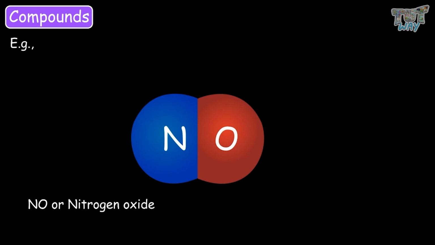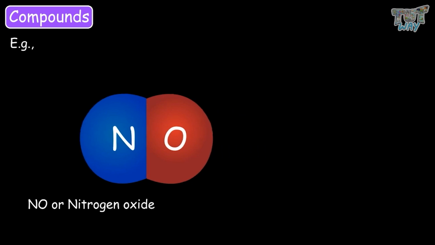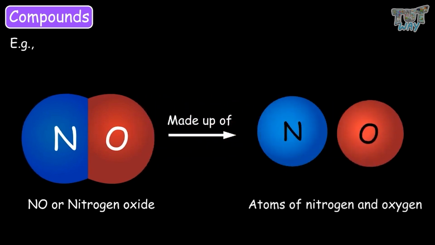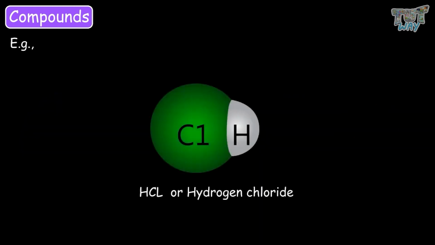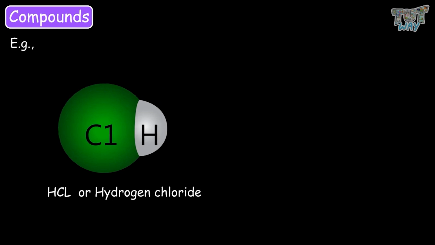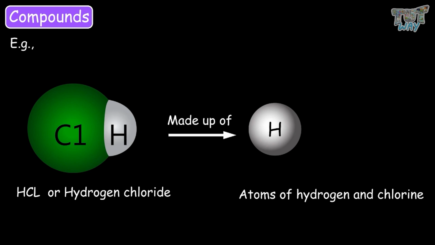It has 2 types of atoms, atoms of nitrogen and atoms of oxygen. Each molecule of nitrogen oxide has 1 atom of nitrogen and 1 atom of oxygen. Hydrogen chloride, or HCl. Each molecule of HCl has 1 atom of hydrogen and 1 atom of chlorine.